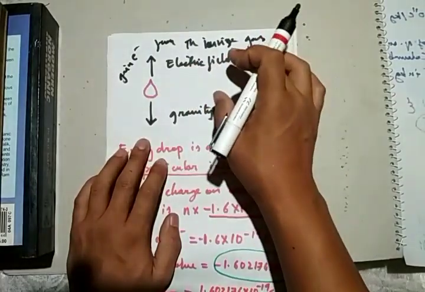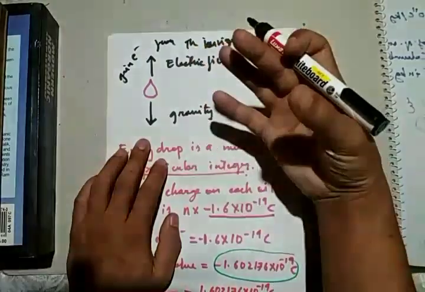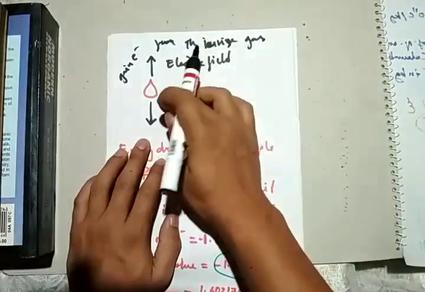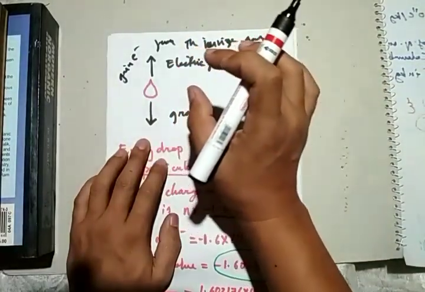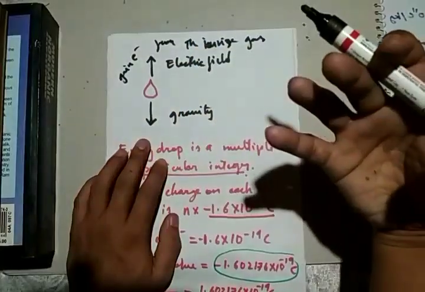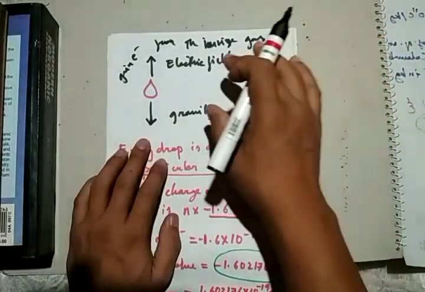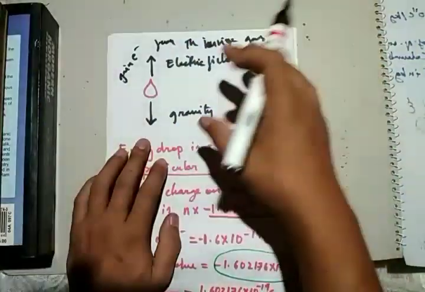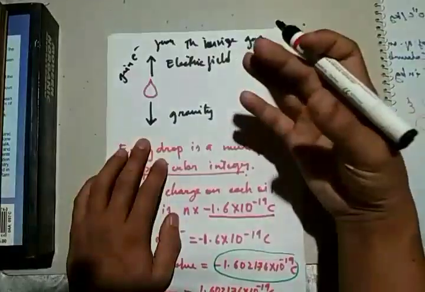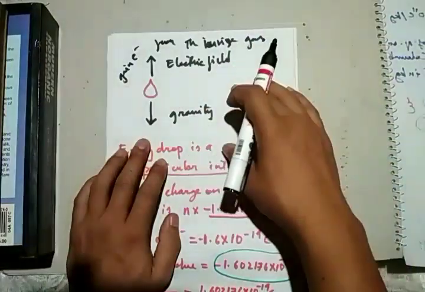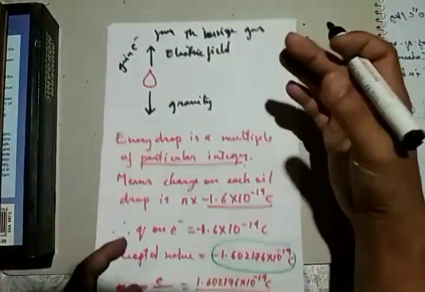So he was able to calculate the charge on the electron using this experiment, through the concepts of physics. We won't go into much detail on how he calculated all those data and calculations.